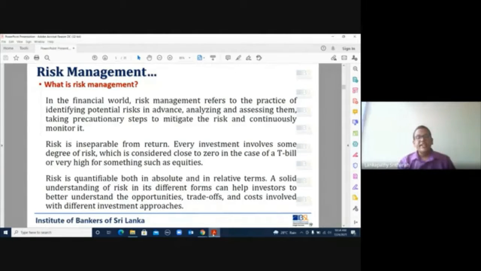A solid understanding of risk in its different forms can help investors better understand the opportunities, trade-offs, and costs involved with different investment approaches. So a better understanding of risk is important for an investment manager. This is called risk management.